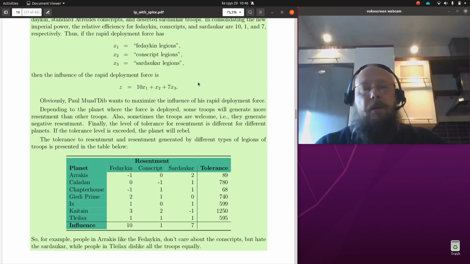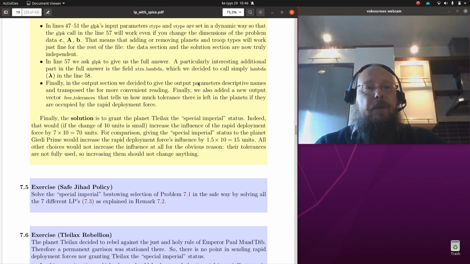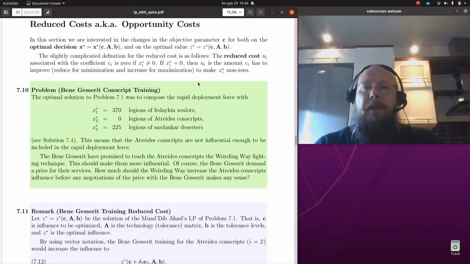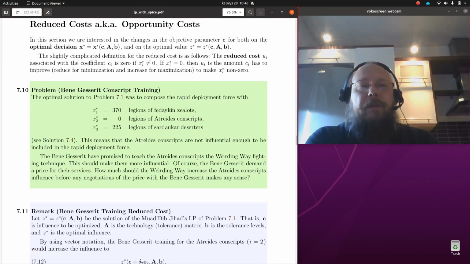Okay, so this problem was modeled and solved, and now we look a bit more closely from the reduced cost point of view.